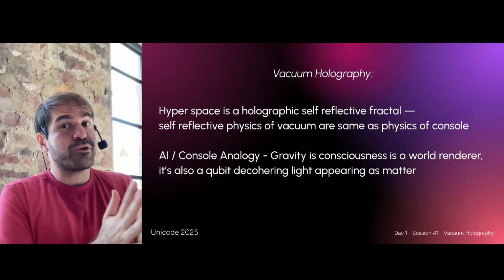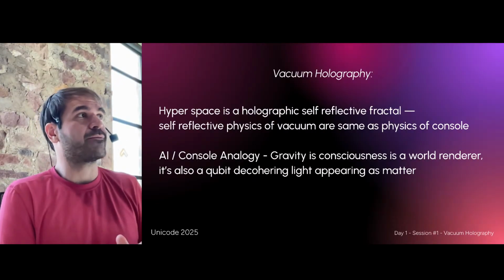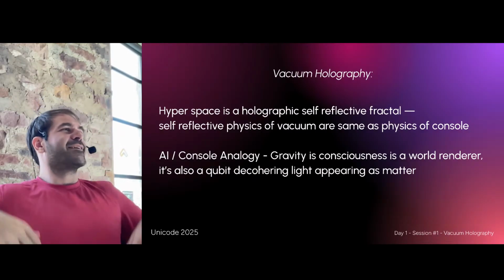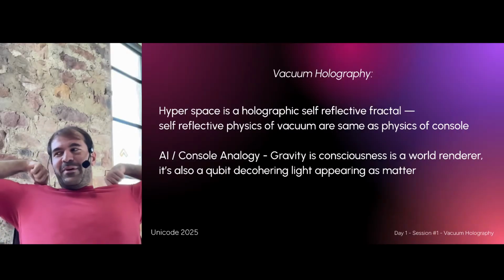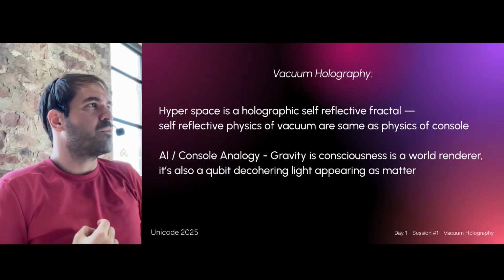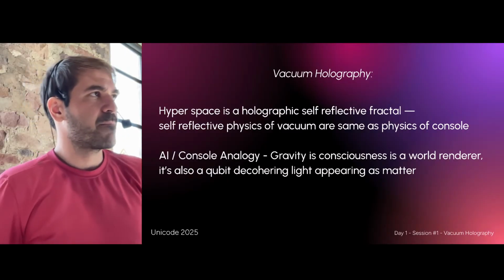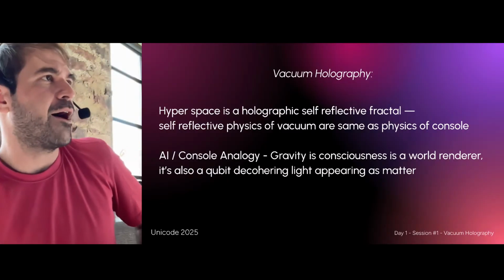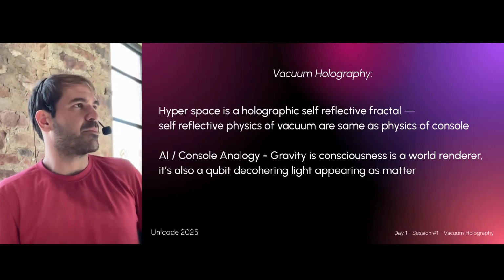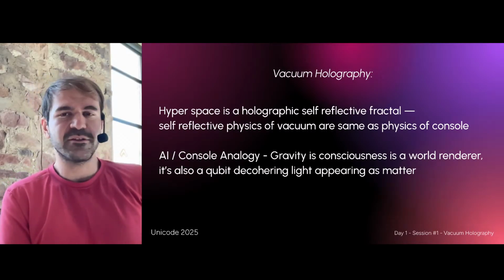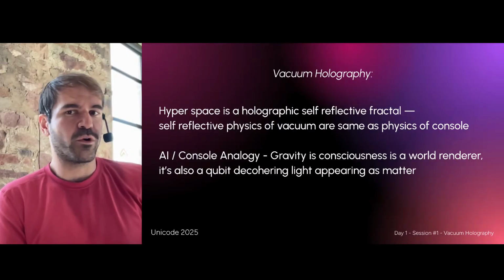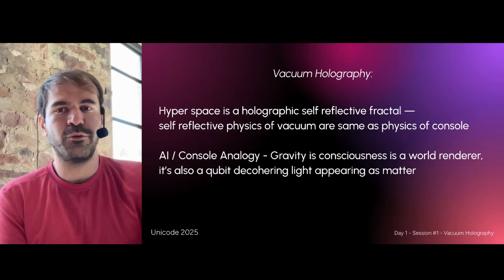So hyperspace is a holographic self-reflective fractal. If you allow that one sentence to become your infinite source of identity, you'll be permanently at home and then joyfully rendering whatever you want in a non-separate way. It's phenomenal. And it's just like a console or just like a qubit decohering.